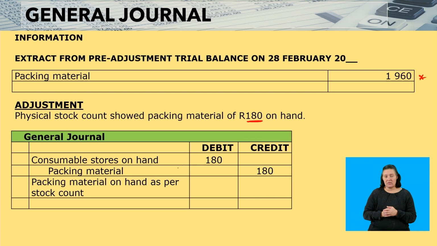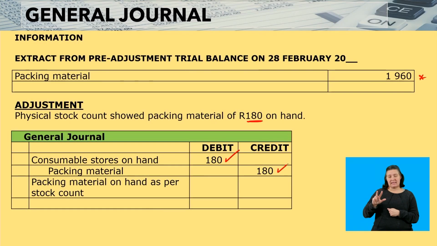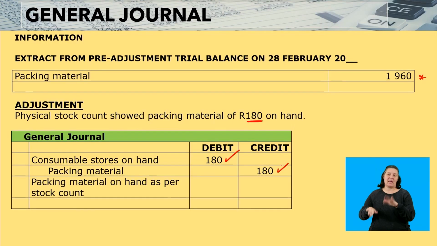In the general journal, we therefore debit consumable stores on hand, 180. Remember, we said it will be regarded as a temporary asset, so we are going to debit it. And then we credit packing materials, 180. By doing this, we are decreasing the expense that we had on packing materials. Hence, we are crediting our packing materials.